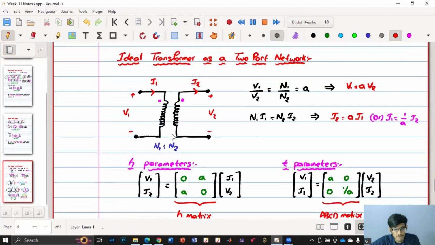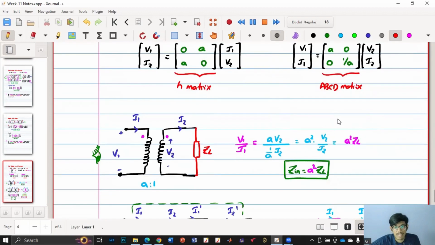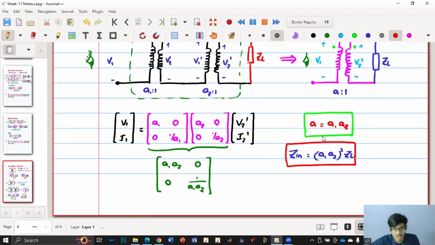Considering the ideal transformer as a two-port network, we saw the H matrix as well as the ABCD matrix, and that for multiple cascaded transformers the overall turns ratio is the product of the individual turns ratios. In the next discussion, we'll discuss what the gyrator circuit is and how we can apply the two-port network concept to it.